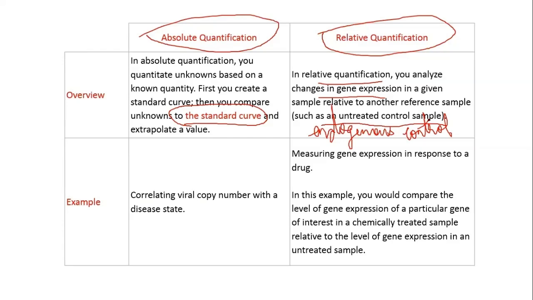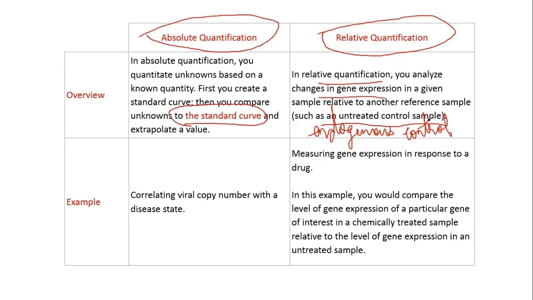So if it is producing 10 copies in leaf, it produces the same 10 copies in root. So you're nullifying your RNA isolation, your gene X, using this particular endogenous control.